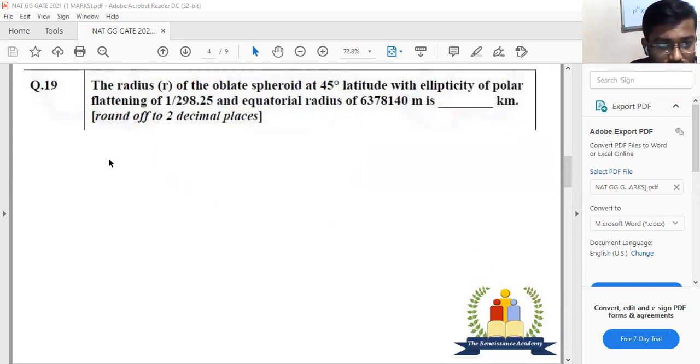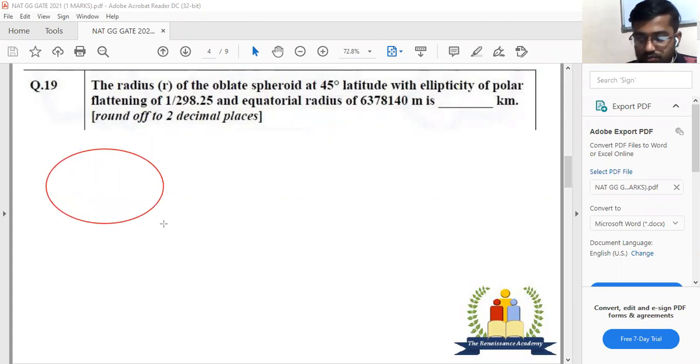First, we need to draw an ellipse. We'll draw here ellipse. Then, now let's say here we have spheroid at 45-degree latitude.